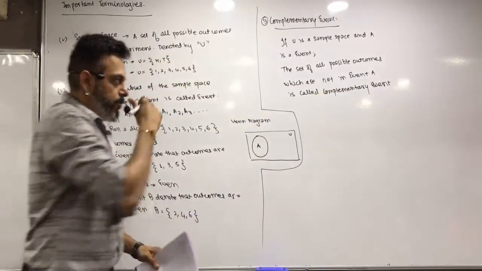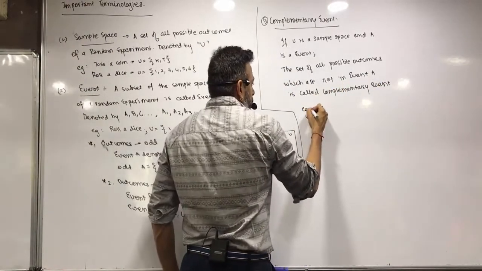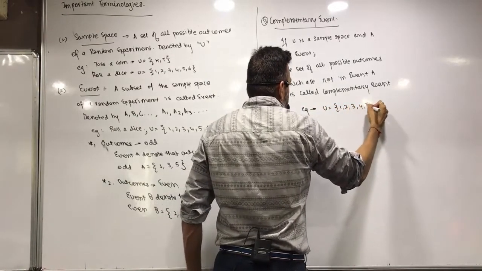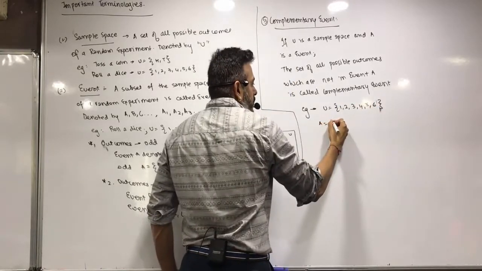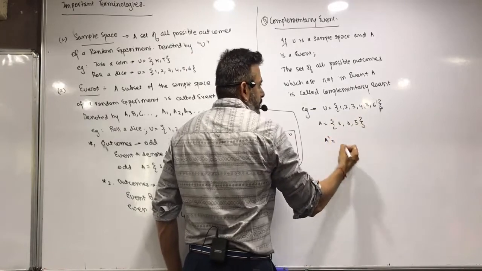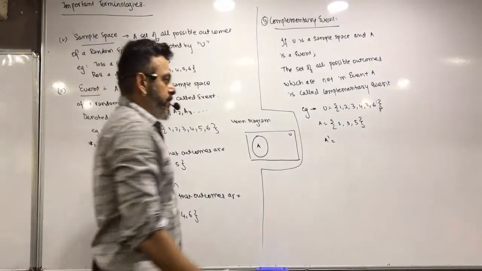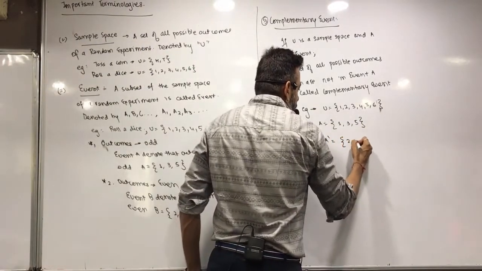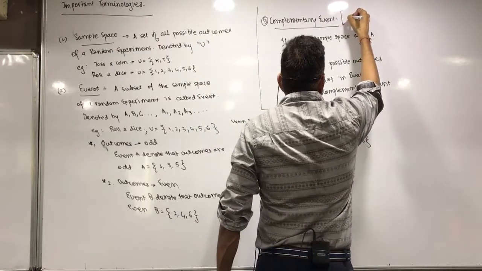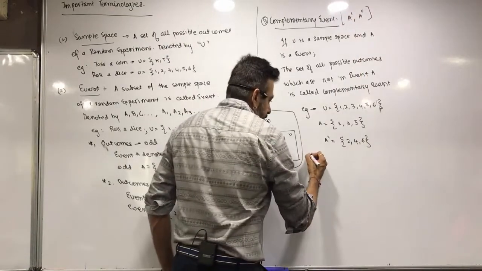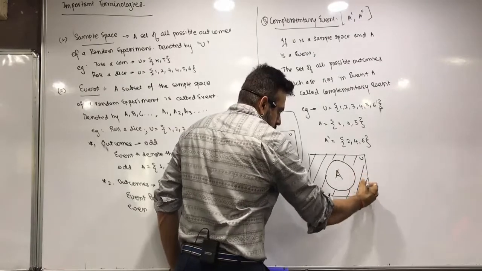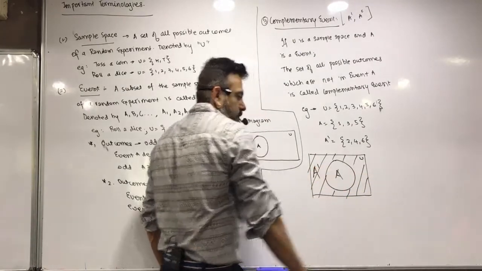It means what? Example: say U is equal to 1, 2, 3, 4, 5 and 6, A is equal to 1, 3, 5. What will be the complement? 2, 4 and 6. You understood this? Okay. Denoted by A complement. Venn diagram: this is U, this is A, the remaining area is A complement.